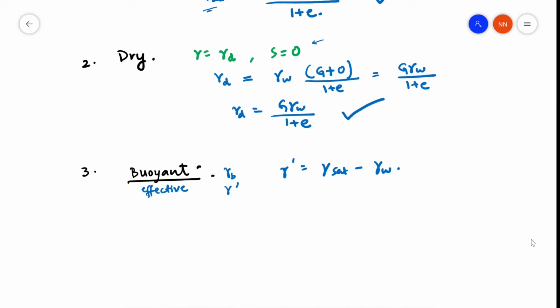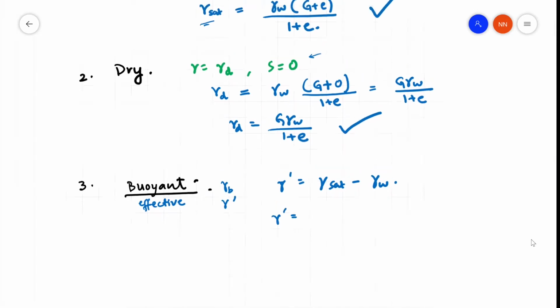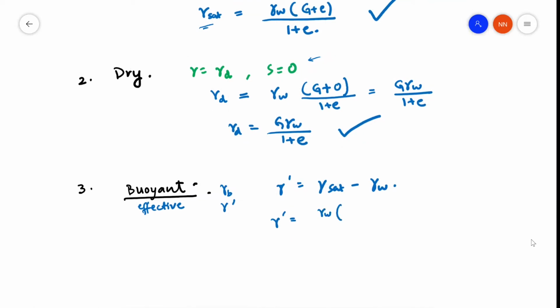So gamma prime is gamma W times G plus E over 1 plus E, minus gamma W. Now we'll take gamma W common and simplify.